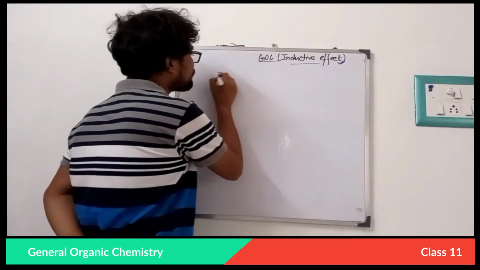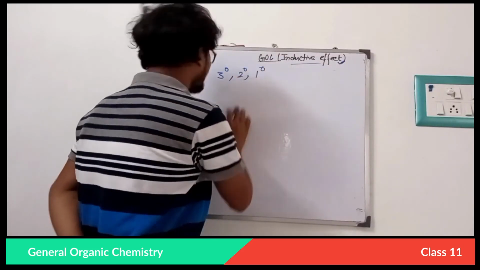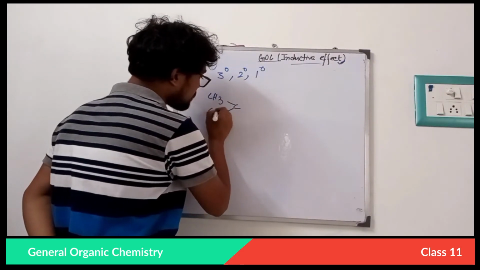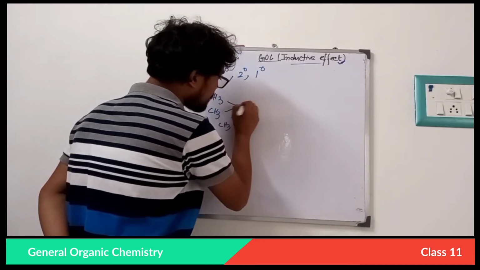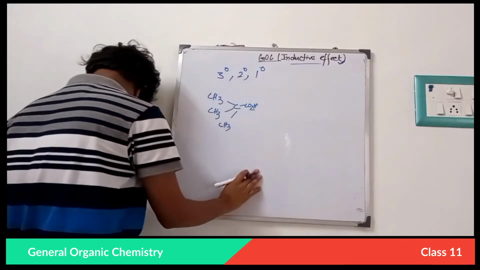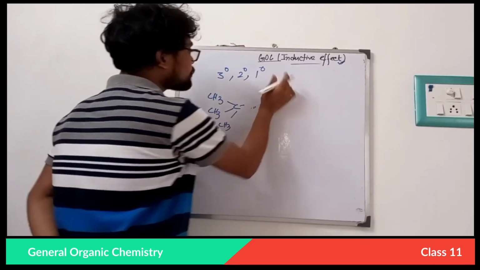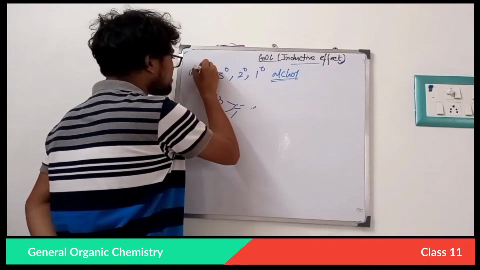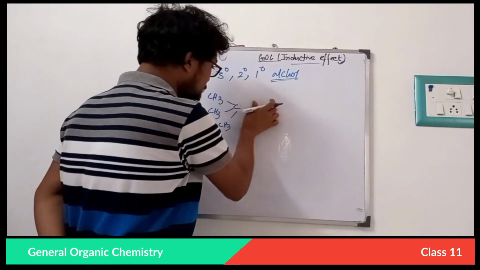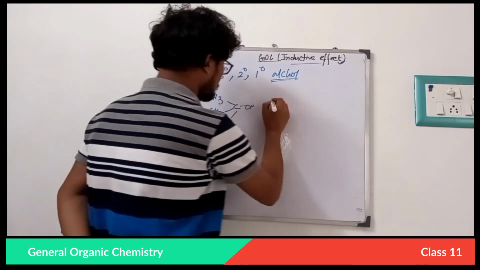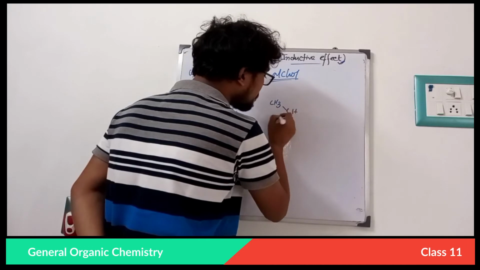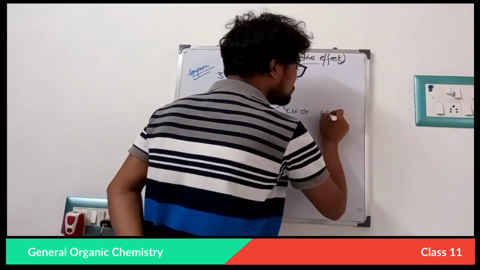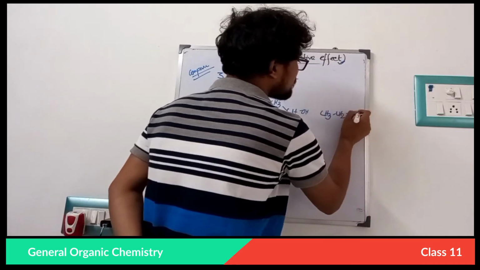First, compare the 3 degree, 2 degree, and 1 degree alcohol, the order of acidity. Now this is 3 degree alcohol, this is 2 degree alcohol, and this is 1 degree alcohol.